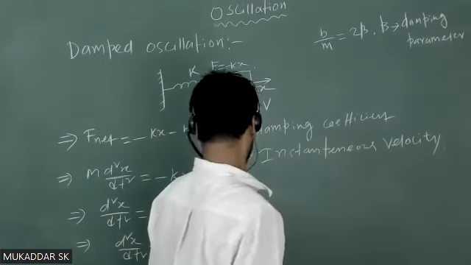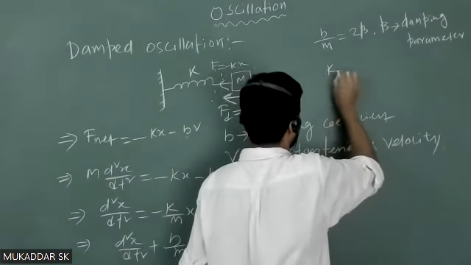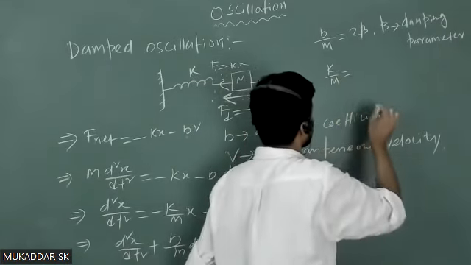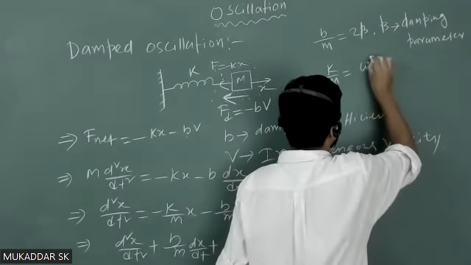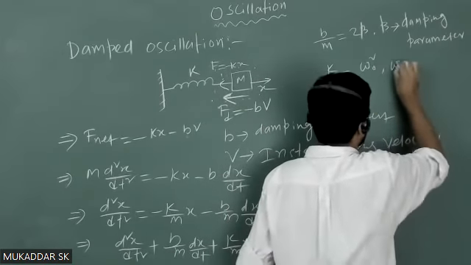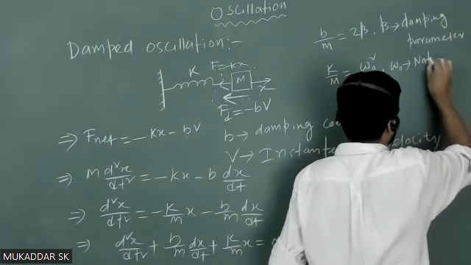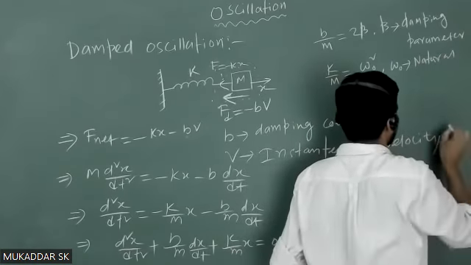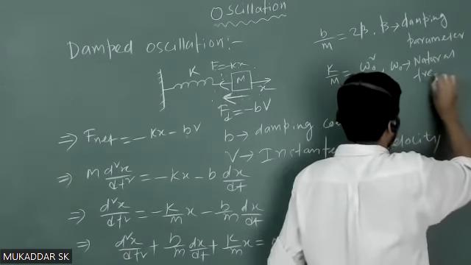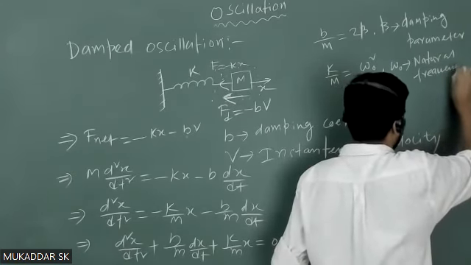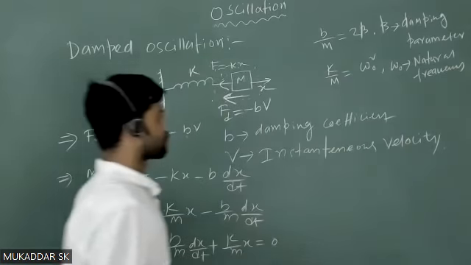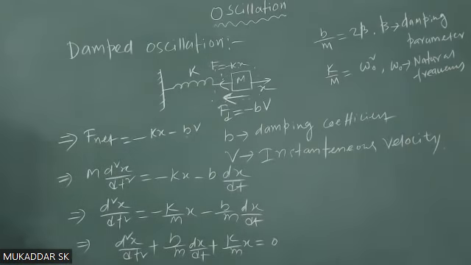And also k by m equals omega naught square, where omega naught is your natural frequency. Okay.